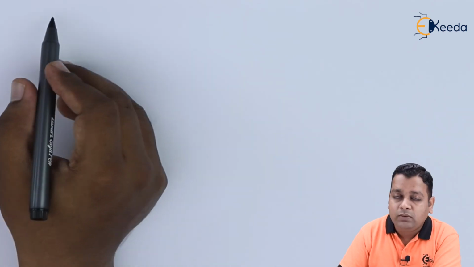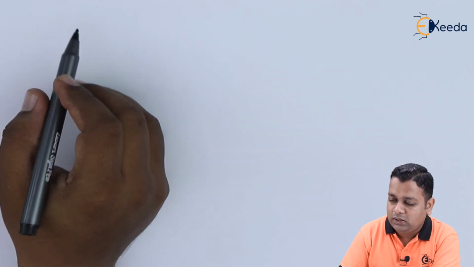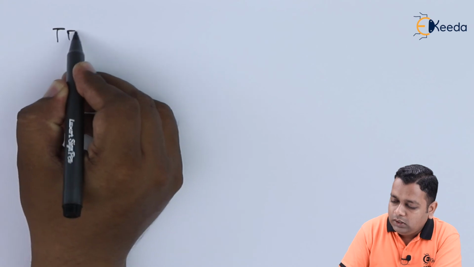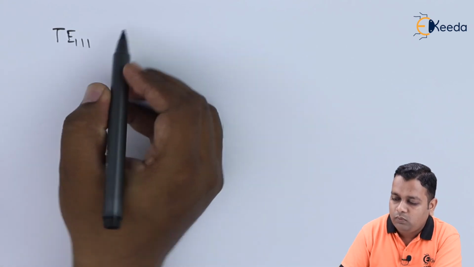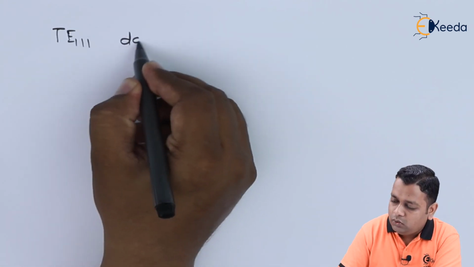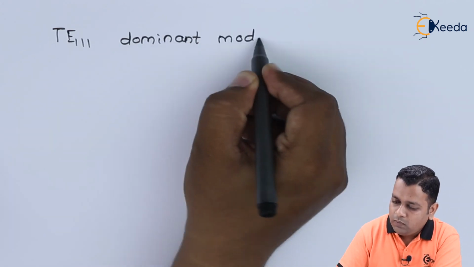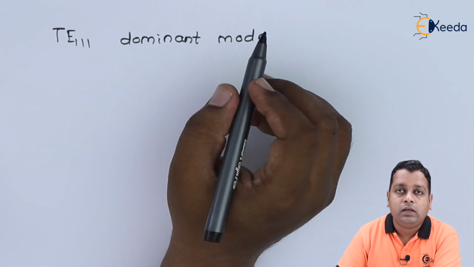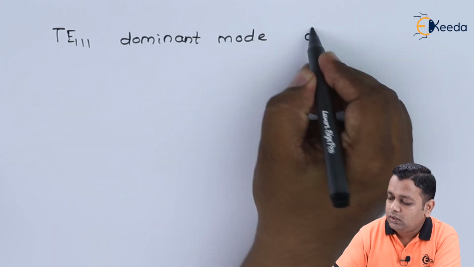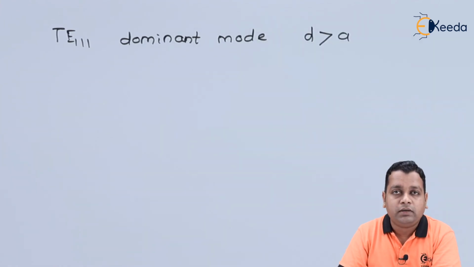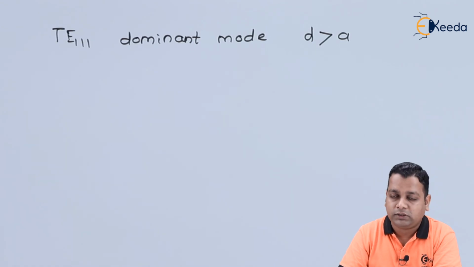So here for the semicircular cavity resonator, TE111 mode is called the dominant mode of operation, provided that the length of the cavity resonator small d is greater than the radius of the semicircular cavity cross section.